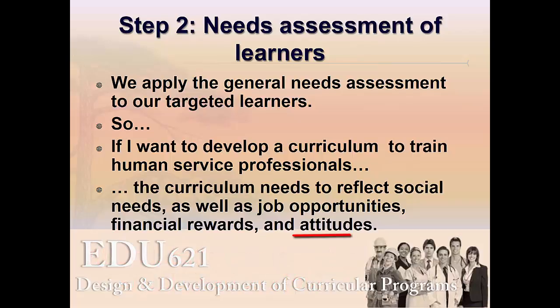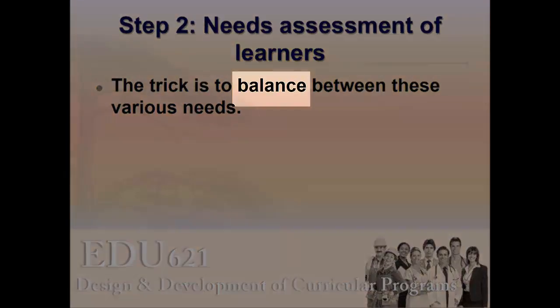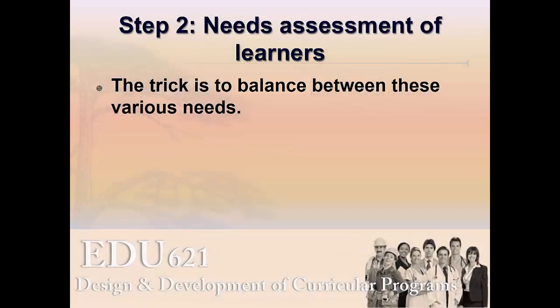And then what are the attitudes toward those in the profession, as well as toward this profession in general within the community? And the trick is going to be to balance between all of these various needs. So you balance the needs of the students with the needs of the community.